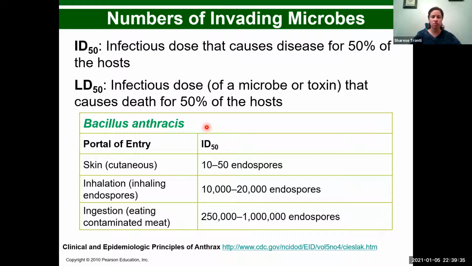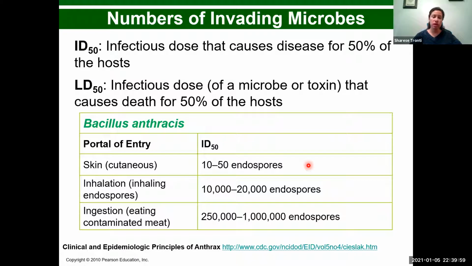So we see that it's most effective in the skin. And so if it enters through the skin, it's going to cause these large black boils. And it only is going to take about 10 to 50 endospores to cause disease. And remember, disease means we're showing symptoms.